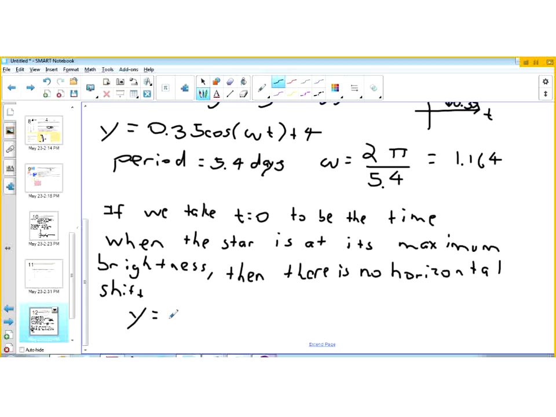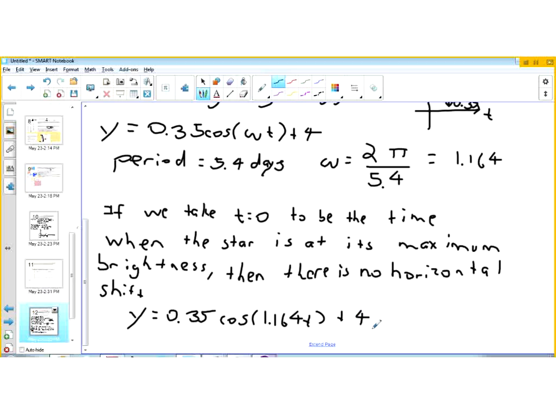So now you just wire it up. So y is equal to 0.35 times the cosine of 1.164t plus 4.